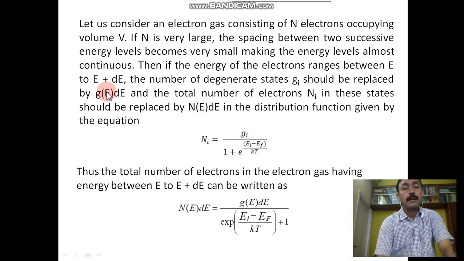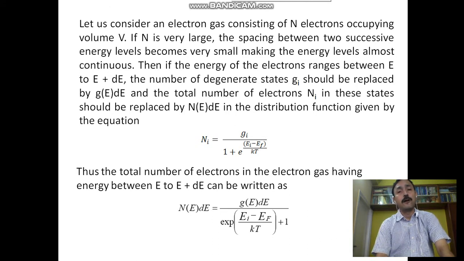That means the number of quantum states within the energy range E and E plus dE. And the total number of electrons Ni in these states should be replaced by N(E)dE. That means the number of electrons within the range E and E plus dE.